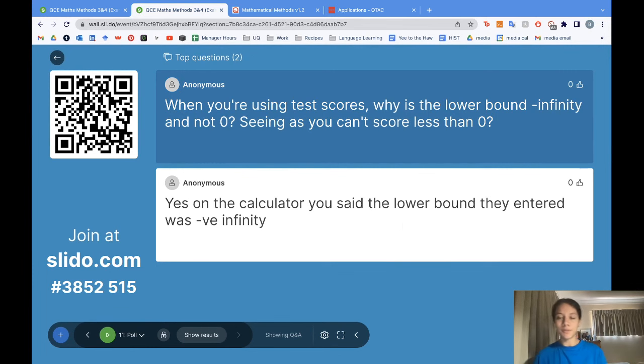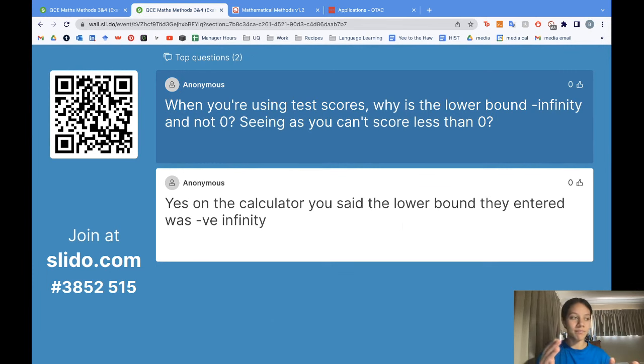Yeah, okay, cool. So because it is a test score, you're right, actually. You can probably just put zero. But you can also put negative infinity as a general thing, because with the distribution, you can have the score from 0 to 100, but you can also look at the percentage of people that scored certain grades, if that makes sense.